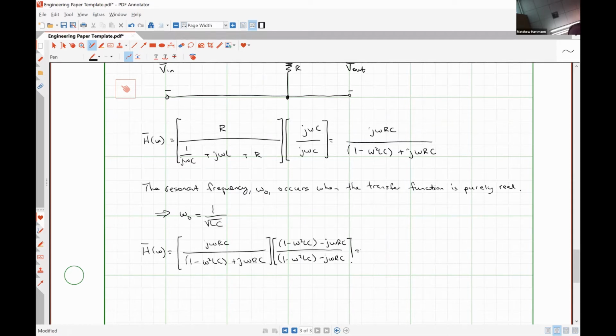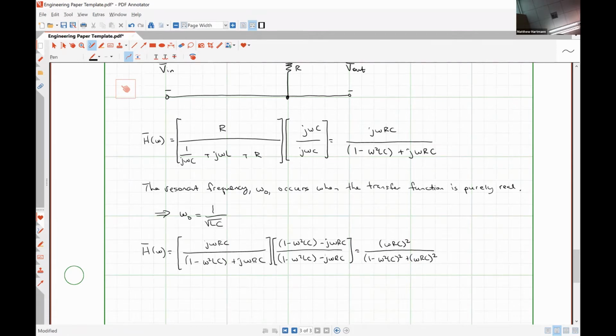What we get is, in our denominator, 1 minus omega squared LC squared plus omega RC squared. And let's see, the real part of this guy is going to be omega RC squared.